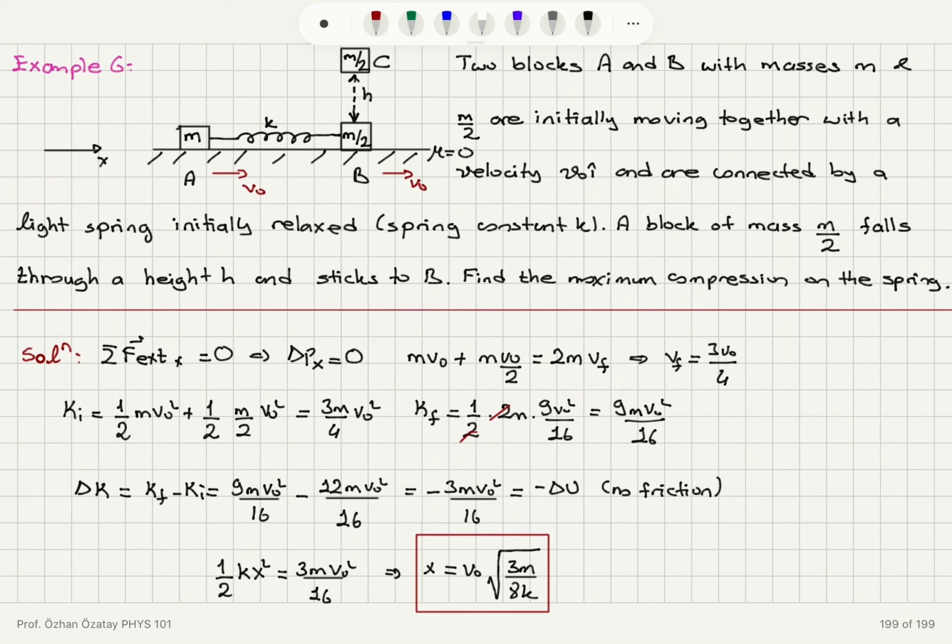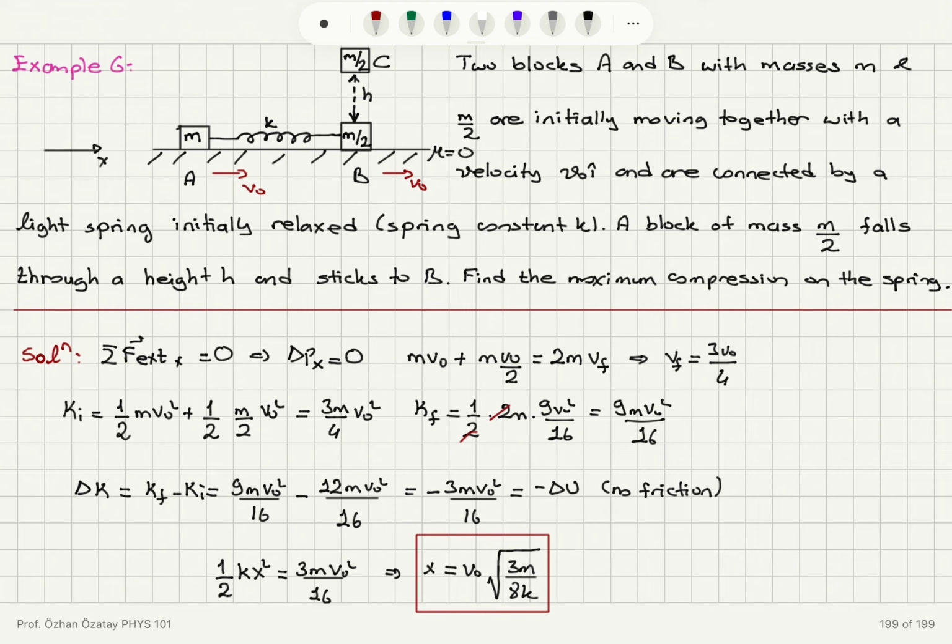And in terms of the energy of the system of A plus B, I have the initial kinetic energy 3m over 4 v0 squared, and there is going to be a change in the kinetic energy of A and B because of the collision between C and B. I'm going to have a final kinetic energy that will be influenced by conservation of linear momentum here, because there will be a common final velocity Vf for the system of A and B. So this change in the kinetic energy of A and B, or A plus B plus C at the end, because C sticks to B, is going to be equal to minus the change in the potential energy, because I have no friction in the system.